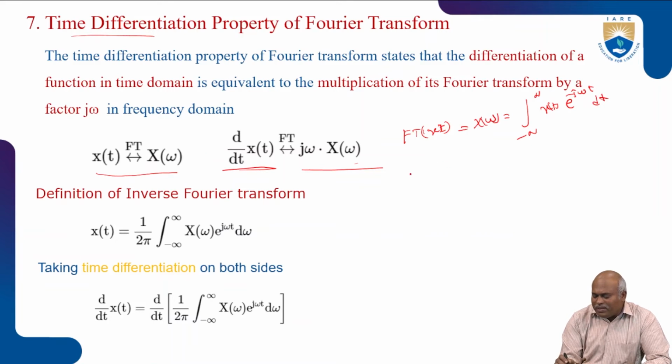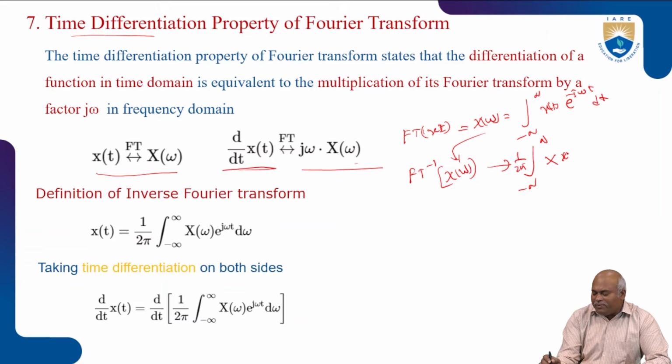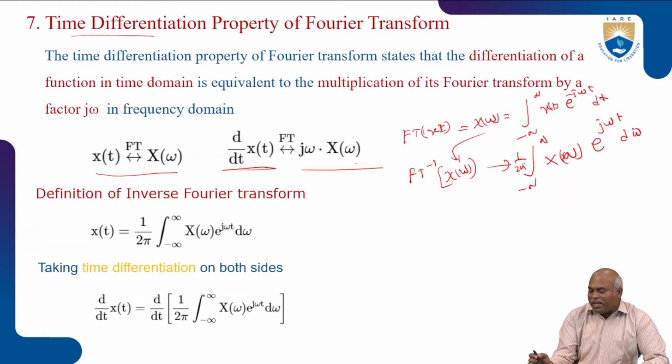At the same time, if you take the inverse Fourier transform of this X(ω), the integration changes to 1/2π ∫ from −∞ to +∞ of X(ω) e^(+jωt) dω.